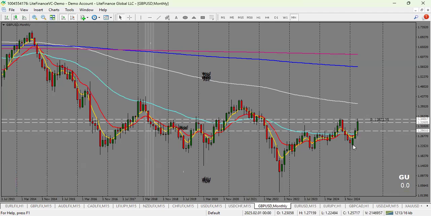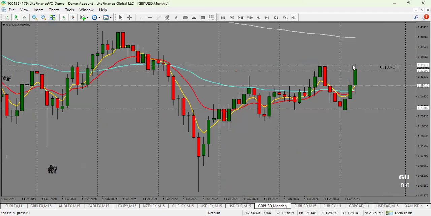So our bullish market structure still stands based on the monthly time frame. So this is where the market started its movement. And you can see we had a good 3 months with the bullish market structure here.